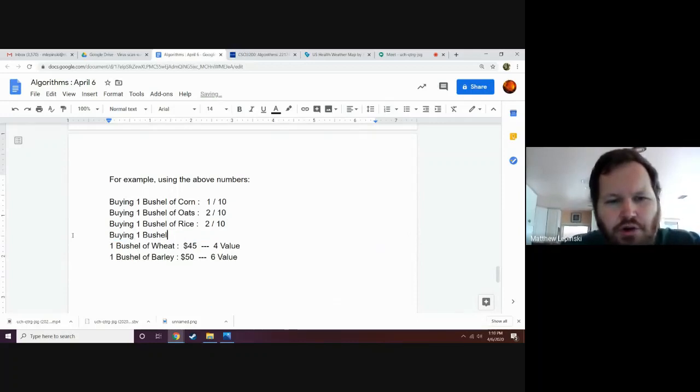Buying 1 bushel of wheat is 4/45, which is like 8/90.